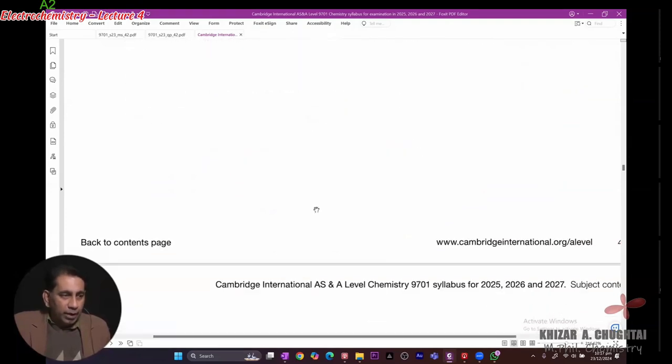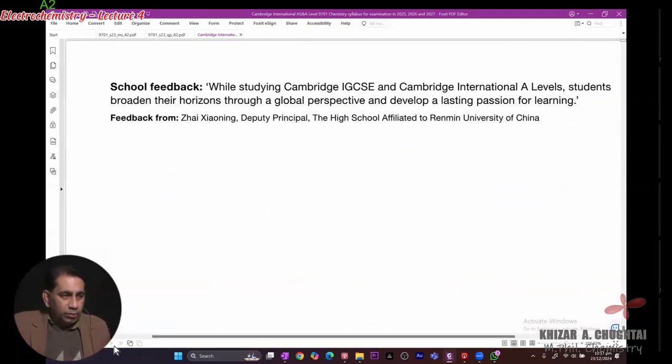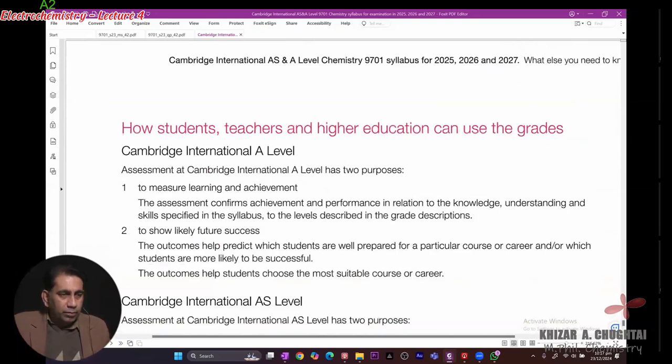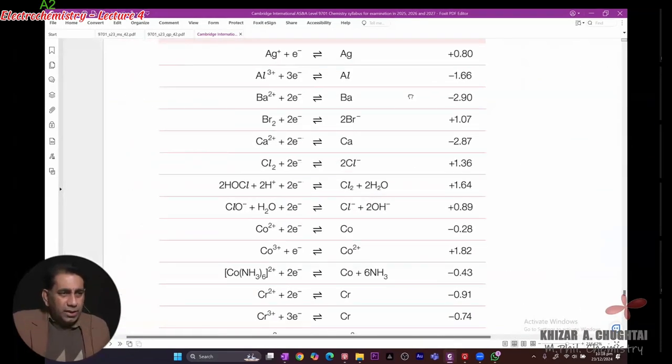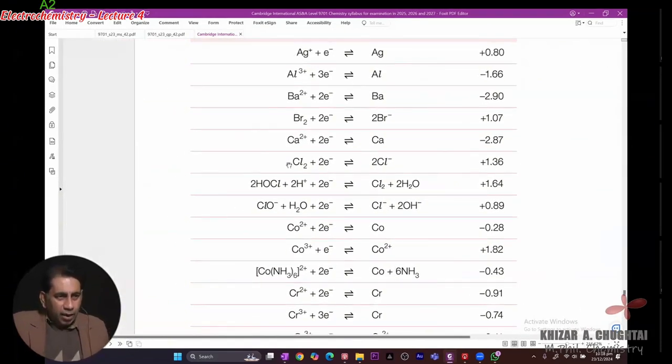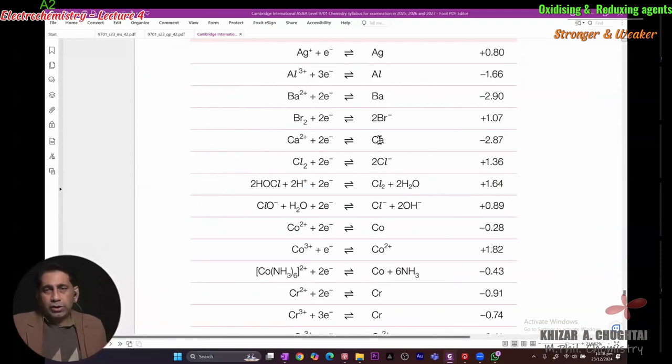So for example, starting from the data booklet, you can see on my screen that there are different equations. These equations are called half cell equations. They are also known as half cells, or electrodes. This is one half cell, this is the second half cell, third, fourth, fifth, seventh.